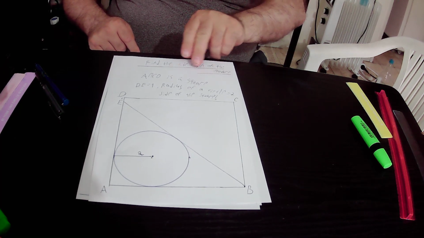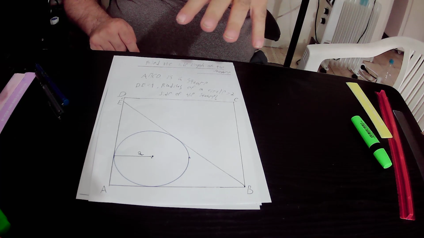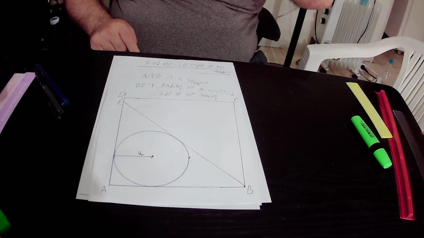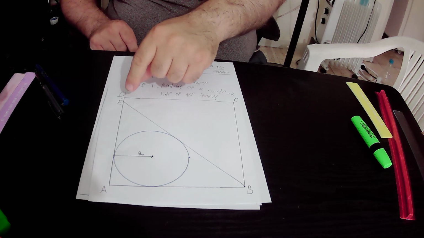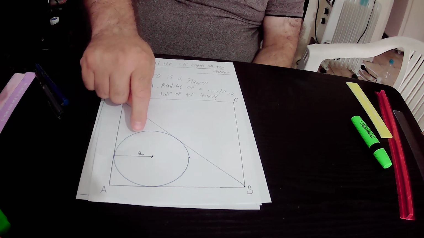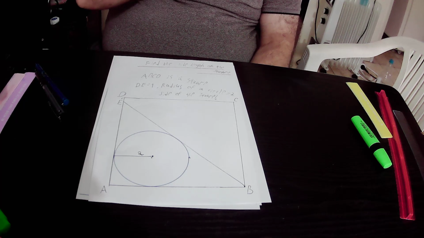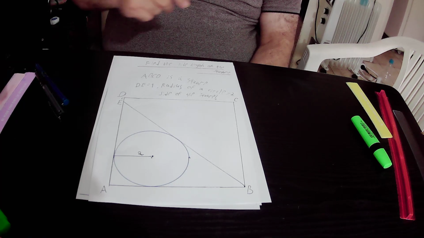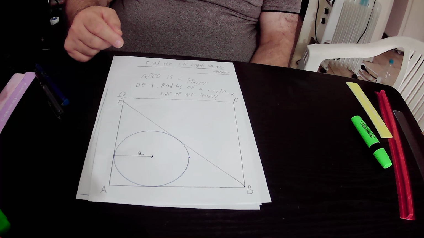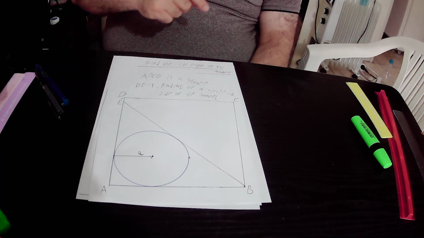In the first question we have the drawing of square ABCD. We know that line segment DE equals 1 unit and the radius of this circle is equal to 2 units, and we want to find the length of one side of square ABCD.